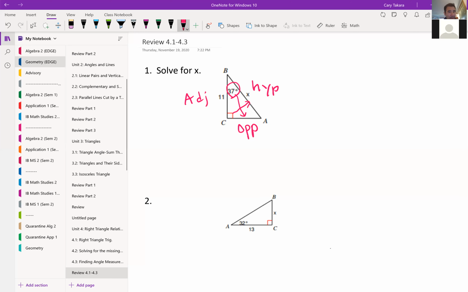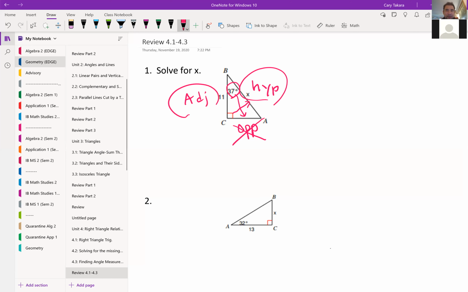This is a cosine problem. Thank you. Why is that? First of all, there is nothing on the opposite, so opposite is out. You've got adjacent and hypotenuse involved. So let's spell out SOHCAHTOA. Allison, do you remember SOHCAHTOA? Have you heard that before? Anybody else?